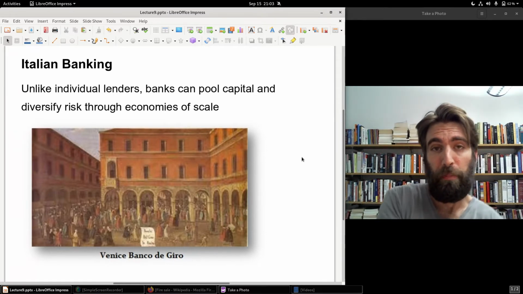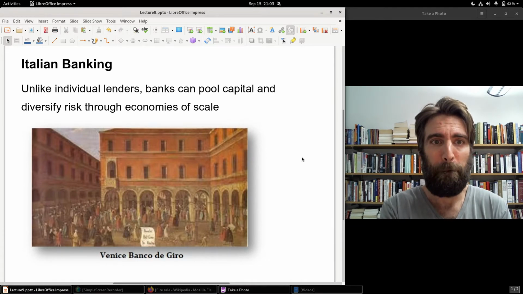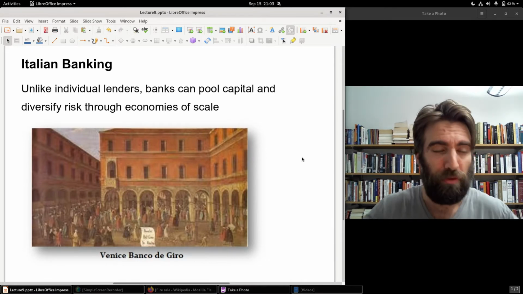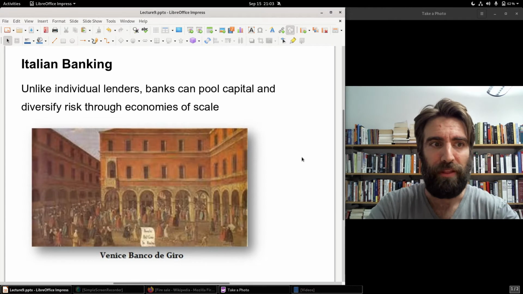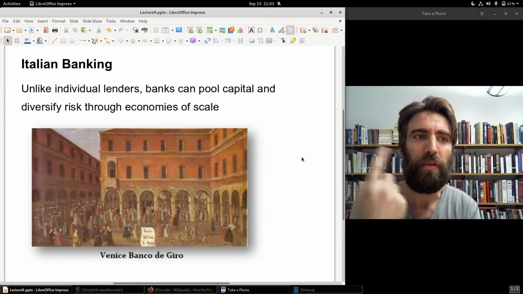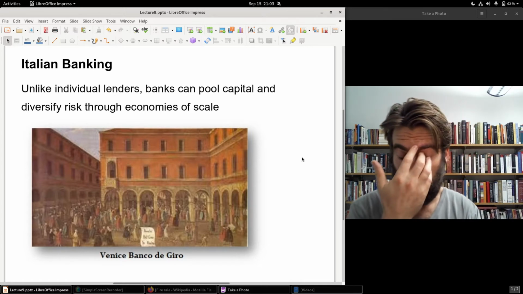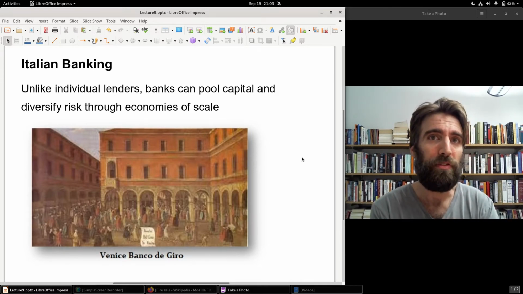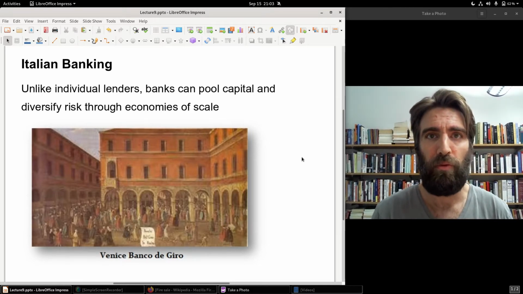So if you deposit money, the bank pools all that capital together, and so has more capital available for larger projects, and the bank has the ability through economies of scale to diversify risk.